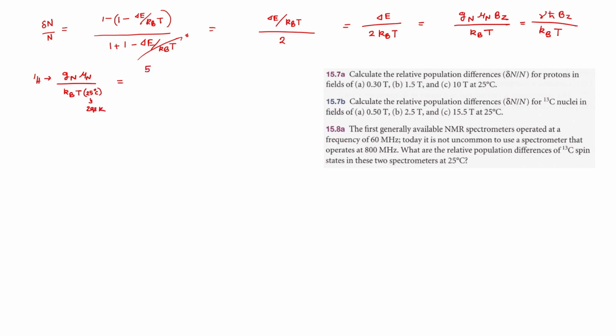We know this is 5.585 into 5.05 into 10 to the power minus 27 joule Tesla inverse. kB, the Boltzmann constant, is 1.38 into 10 to the minus 23 joule Kelvin inverse, into 298 Kelvin. Kelvin cancels, joule cancels, Tesla inverse will be there. So I will come back to this, but let me give you the value.